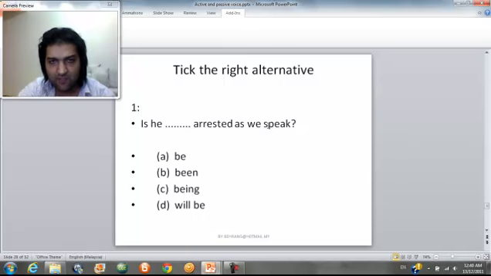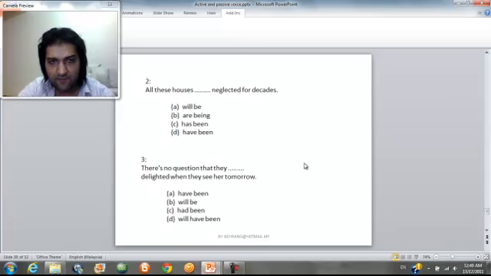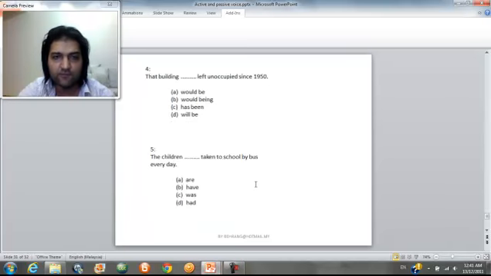And here we have some alternatives, A, B, C, D. 1 goes, is he, been, being, or will be arrested as we speak. 2 goes, all these houses will be, are being, has been, or have been neglected for decades. 3 goes, there's no question that they have been, will be, had been, or will have been delighted when they see her tomorrow. 4 goes, the building would being, has been, or will be left unoccupied since 1950.